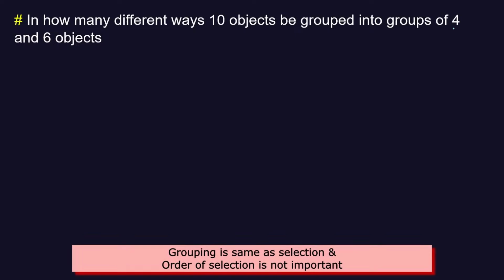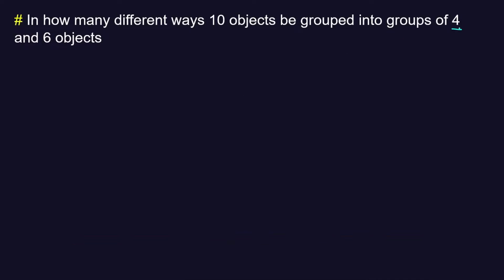First I am selecting 4 objects. As order does not matter, you can select 4 first then 6, or 6 first then 4, all same. So from 10 objects, 4 objects can be selected in how many different ways?